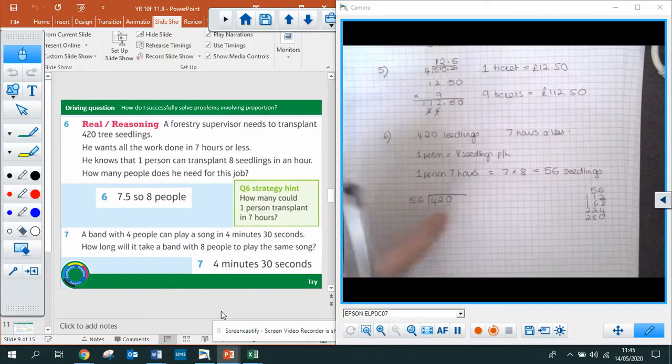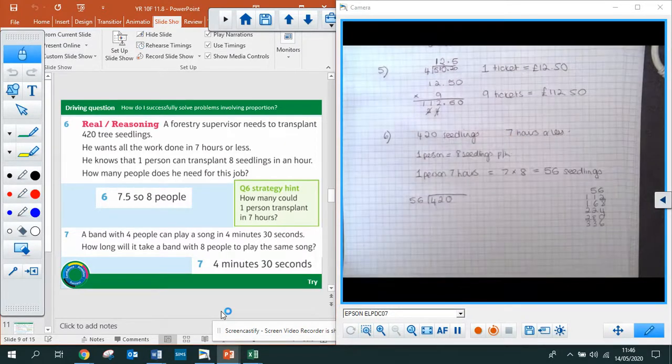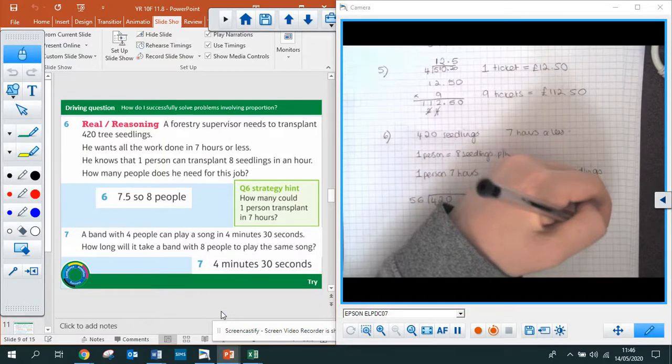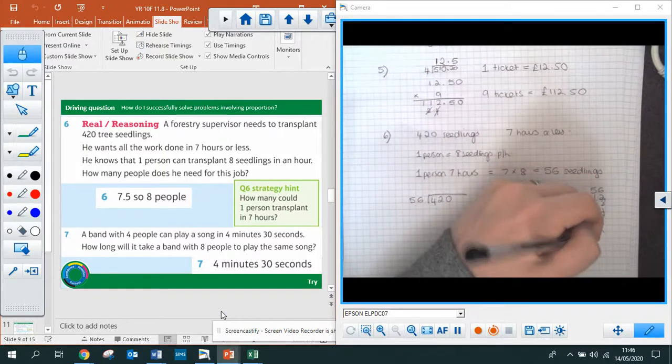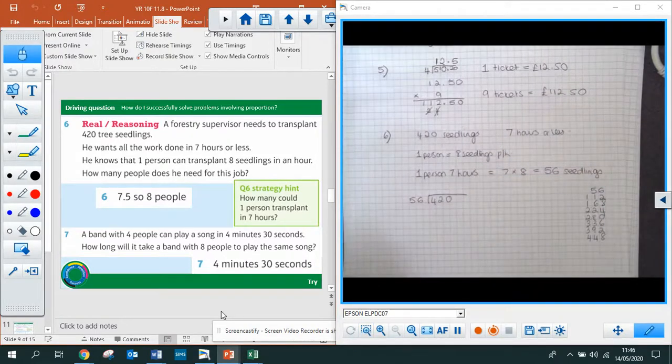Remember, we're going for 420 as our target. Plus 56 is 336. Plus 56 is 392, plus 56 is 448. Okay, so we've gone past our target of 420.